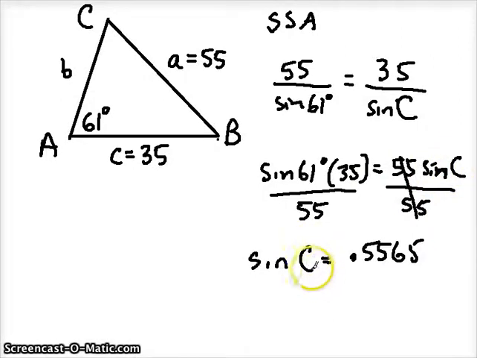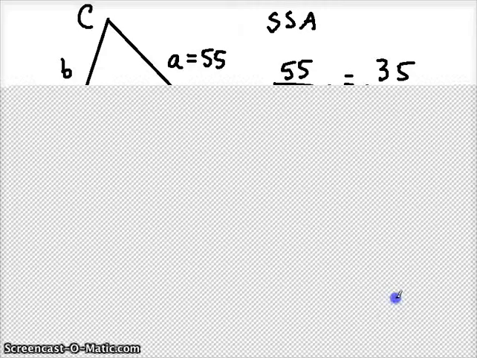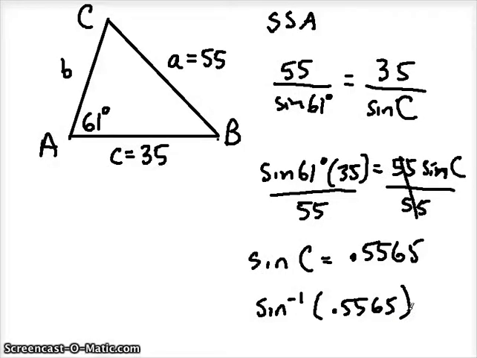In order to solve for an angle, you're going to want to use an inverse function. So now the last step is just to find the inverse sine of this decimal, and it will give me an angle measurement. And the angle measurement that it gives me is approximately 33.8, somewhere around there. Okay.